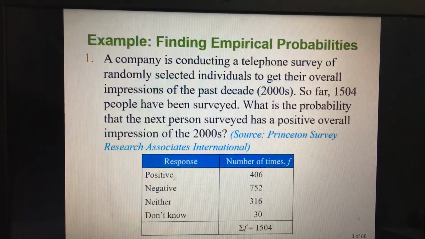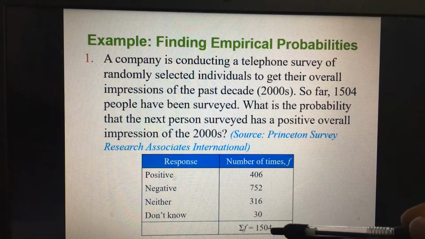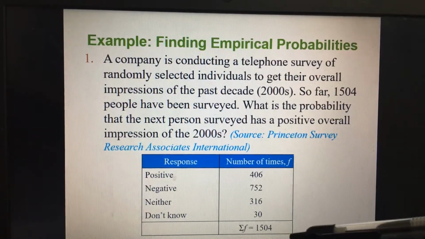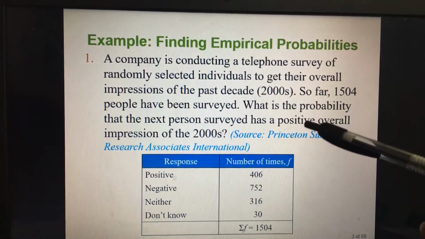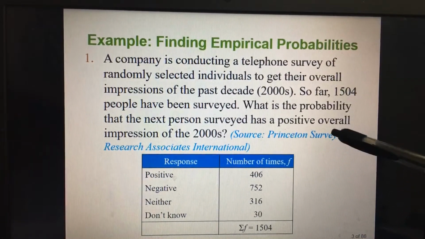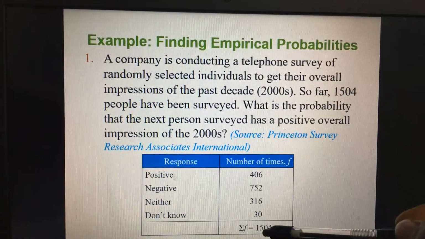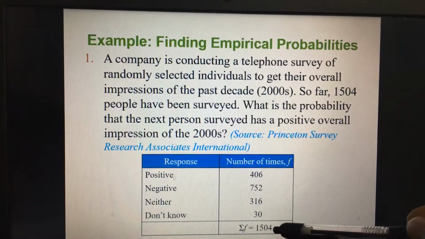So how many people answered positive? 406 out of 1,504. Therefore, the probability that the next person surveyed has a positive impression will be 406 out of 1,504 people.